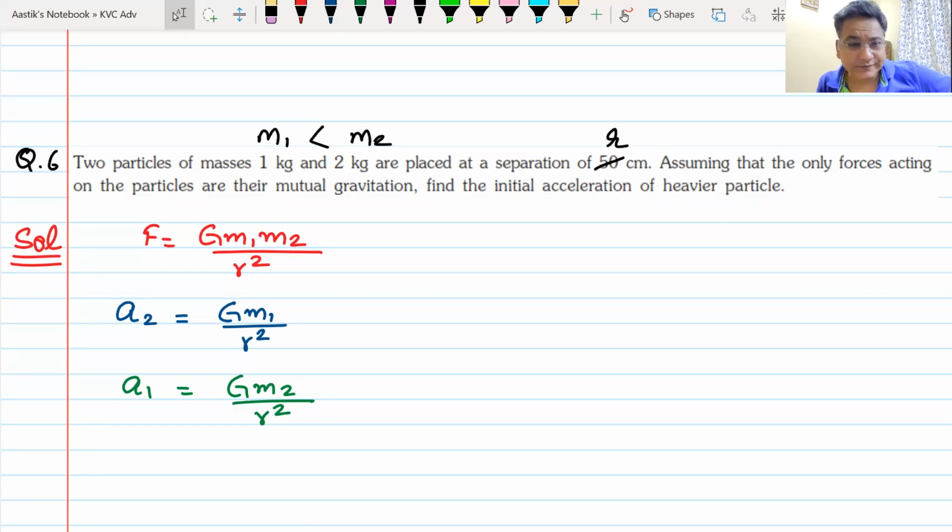We found out the acceleration of M2, the acceleration produced by the heavier body due to the gravitational force between two masses.